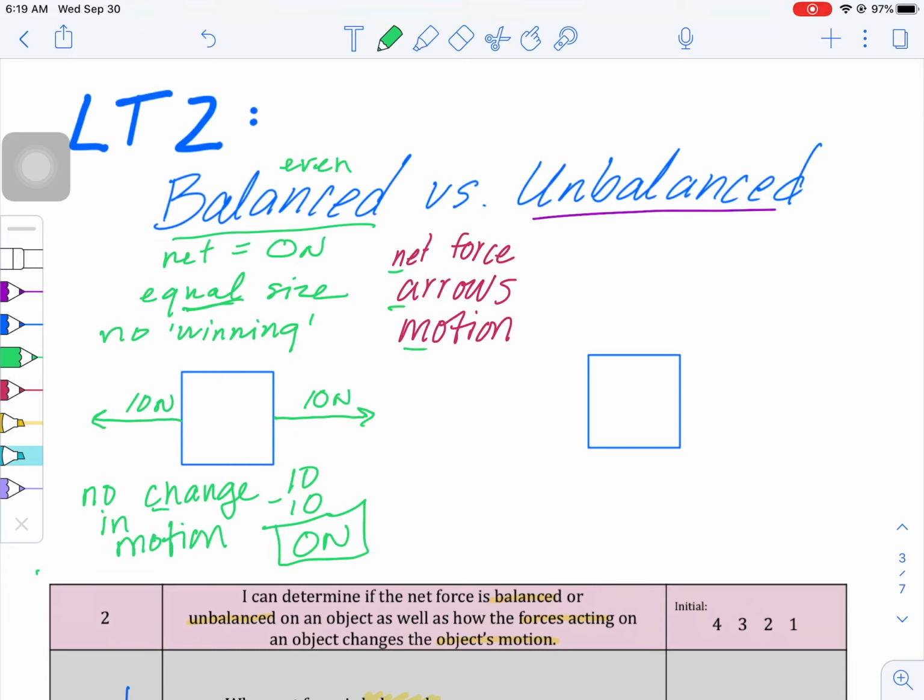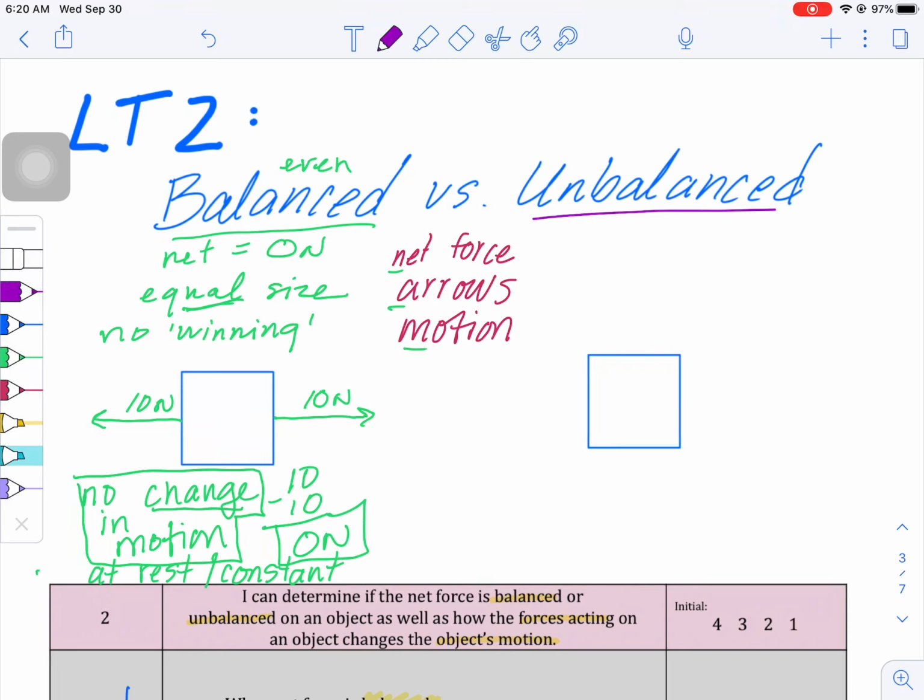And this is the important part, no change in motion. Okay? So that means the object is either at rest or moving at a constant rate. So it's just not speeding up, not slowing down. It's moving consistently because there's no one force bigger than the other.